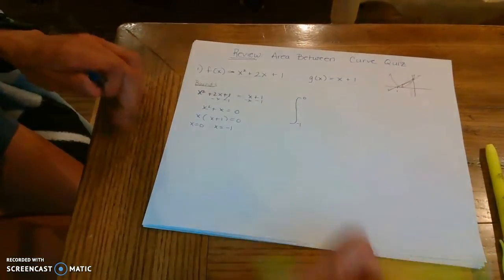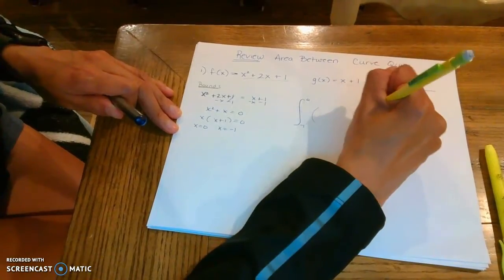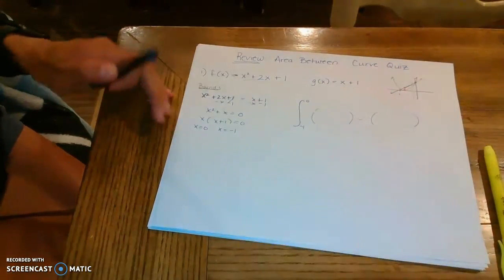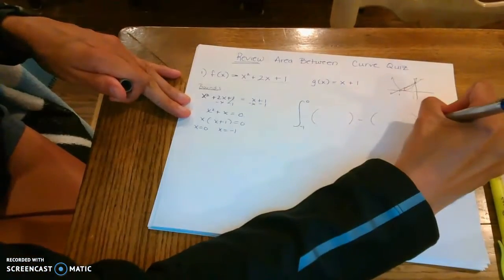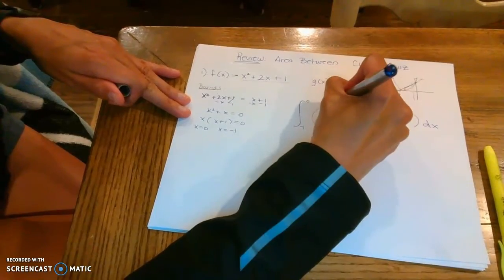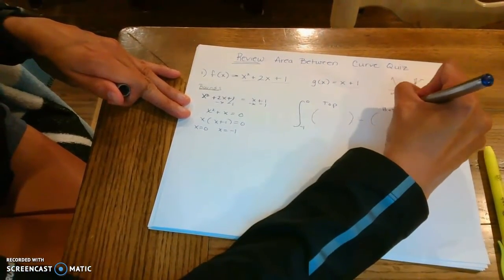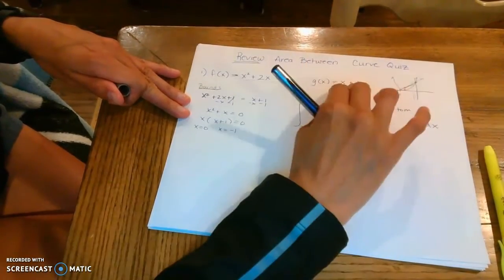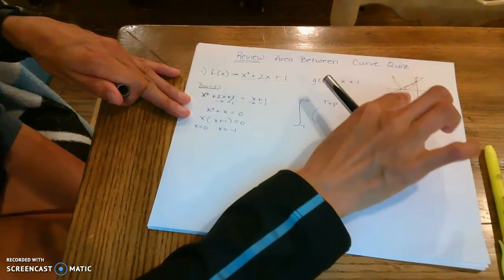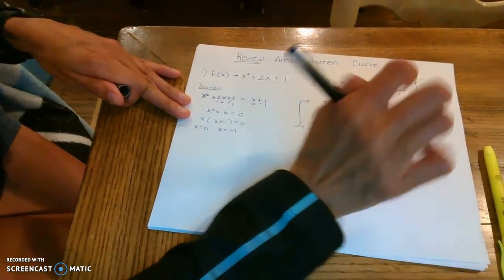So now I'm trying to decide which one's the top function and which one's the bottom function. Again, you might have no idea what this function looks like. So you might not know which one's on top. Is it the linear? Is it the quadratic?